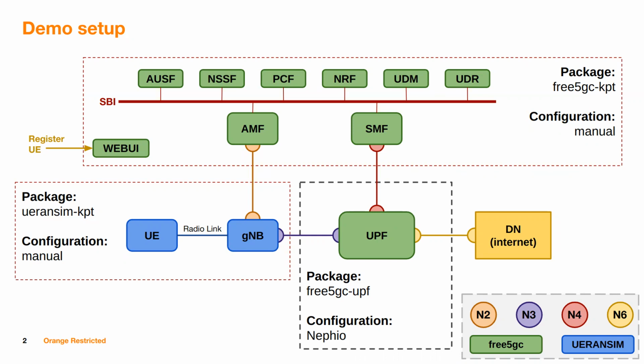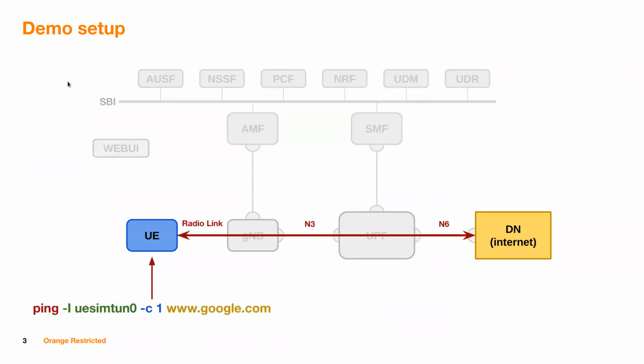So what we do, we deploy the UPF. The UPF is configured via Nefio, and then we can manually adjust other packages, UERANSIM kpt and free5GC kpt, and use Nefio to deploy them. End-to-end for us means, and it's common in the free5GC community, that we can access the UE, the simulator, and we can ping the data network, which is the internet in our case, through the PDU session.